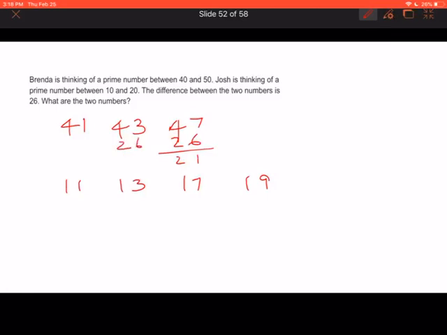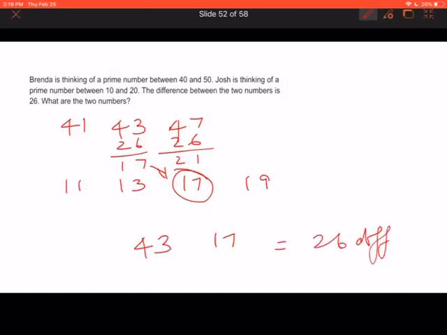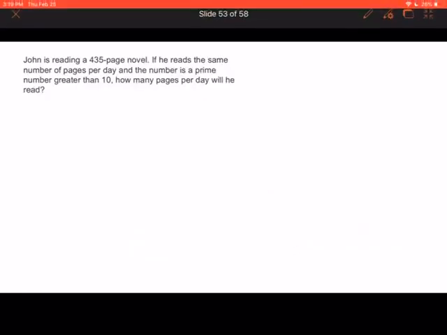So 43 minus 26 is 17, right? So 43 and 17 are the two numbers which have a difference of 26, right. Okay, now we'll move on to the next problem.